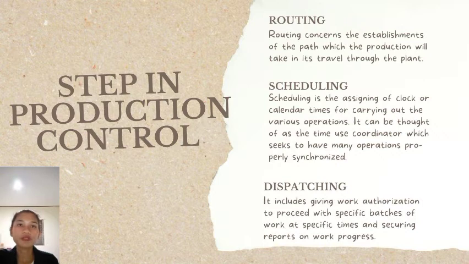So, for clarifying discussion, the essential production data utilized in production control consists of routing, scheduling, and dispatching. Routing entails determining the route that production will take as it moves through the plant.